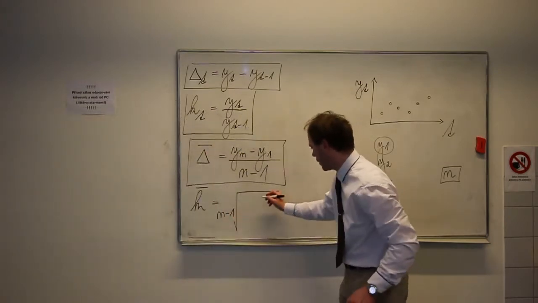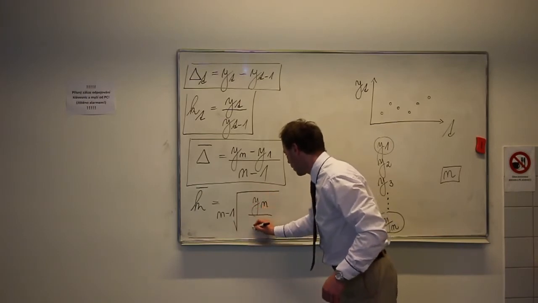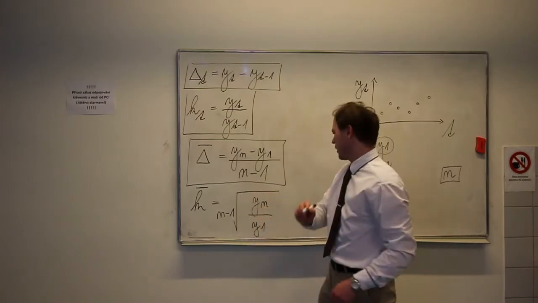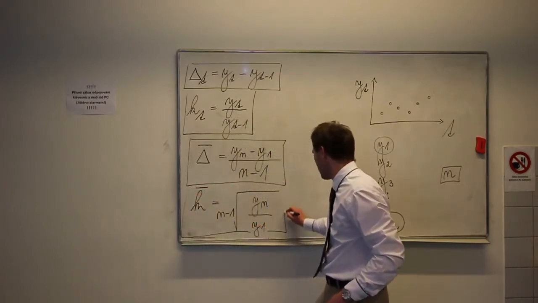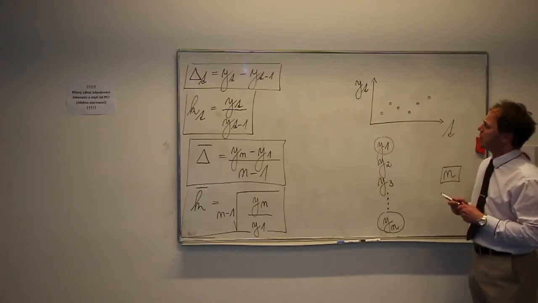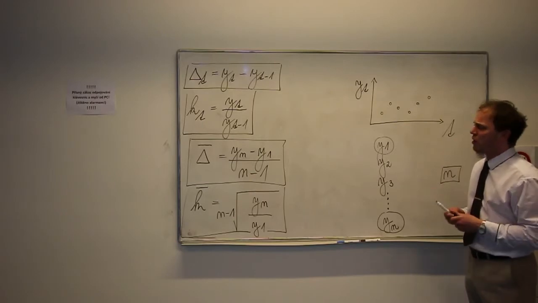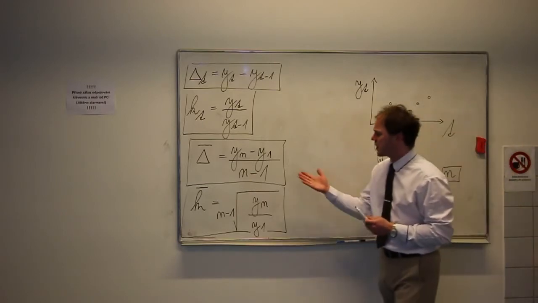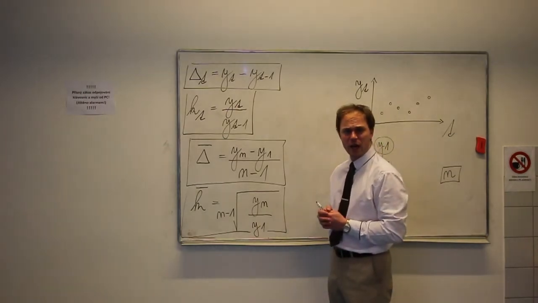So there will be ratio yn divided by y1. So this is the last important characteristic, and I have prepared a data set for you, so we will train these basic characteristics on the real data set in Microsoft Excel.